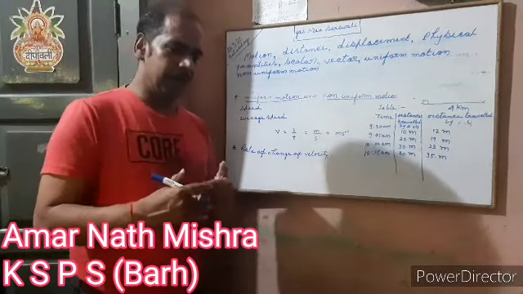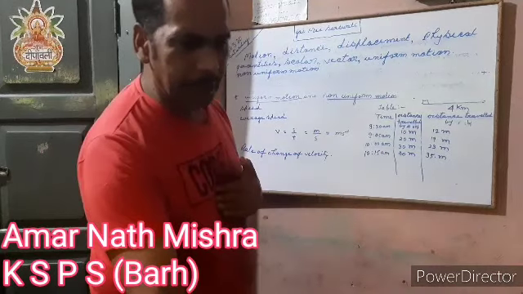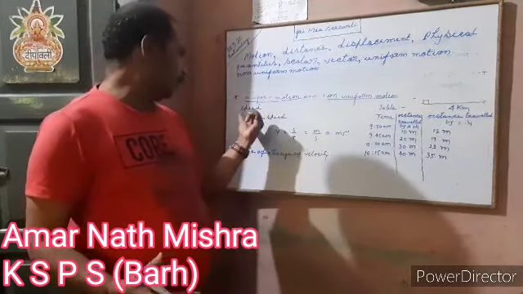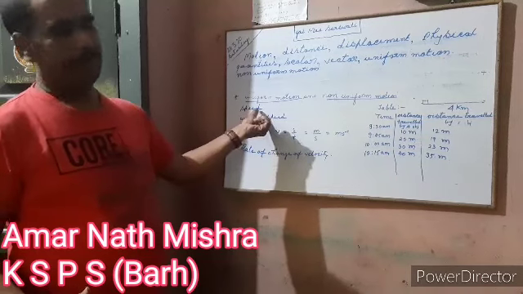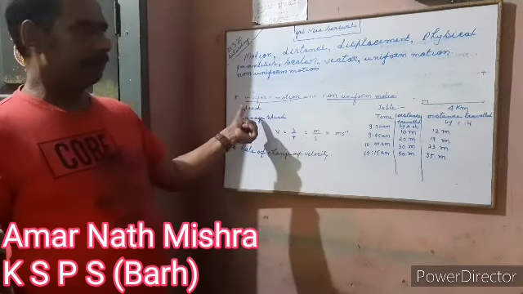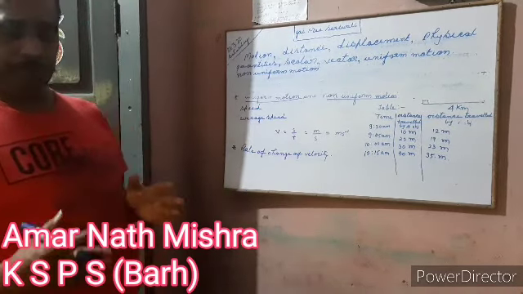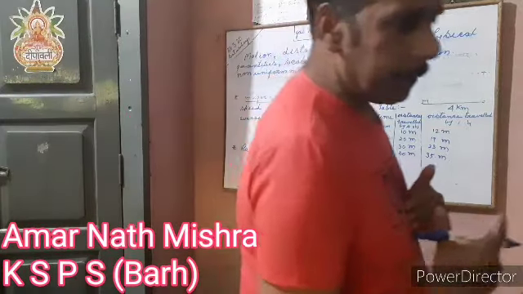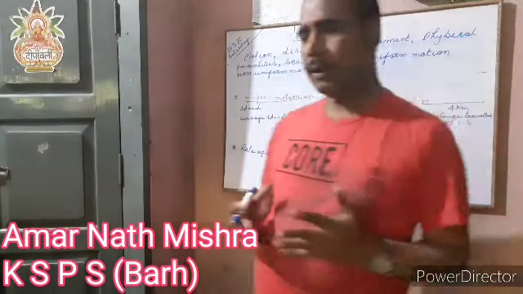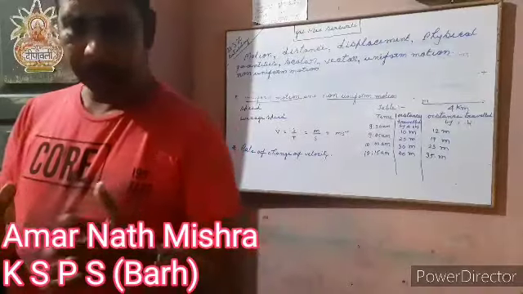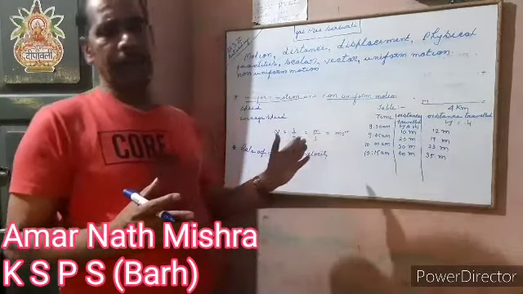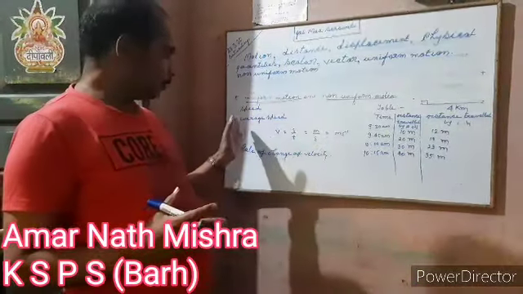That means how much distance is covered per unit time. It indicates a new word, speed. Speed means the rate of motion. A body covering distance per unit time is called speed.